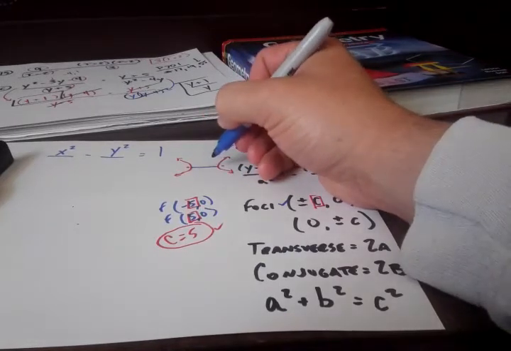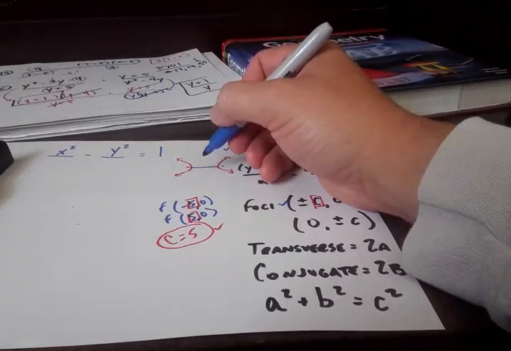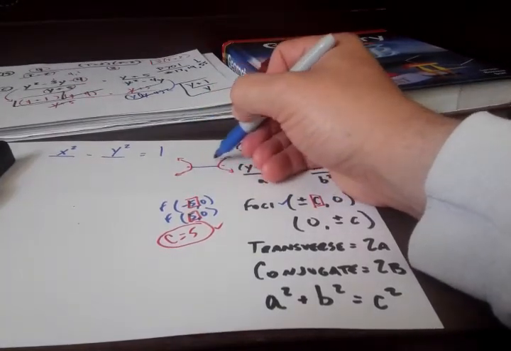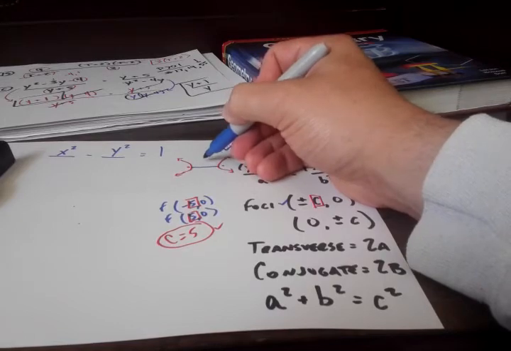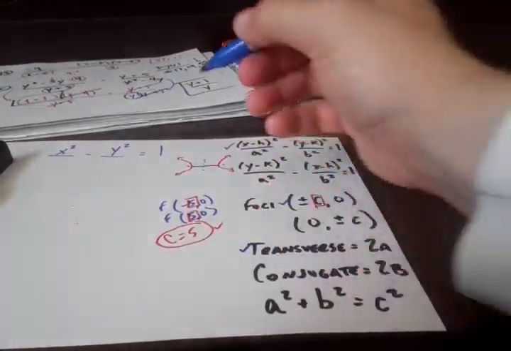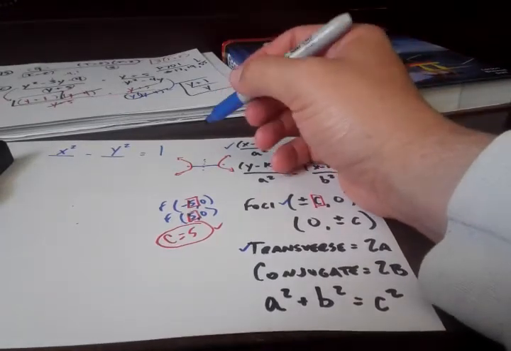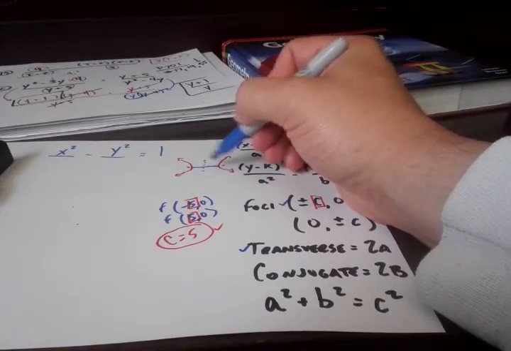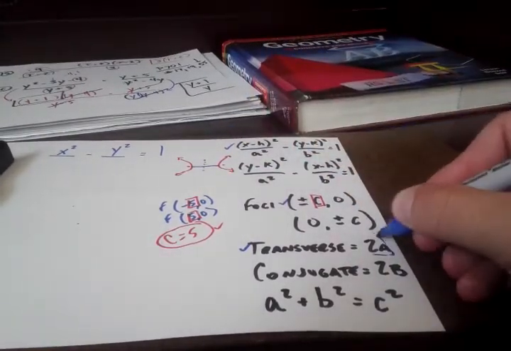The conjugate axis runs this way, but there's nothing up there. The transverse is the long one, and it's equal to 2a.